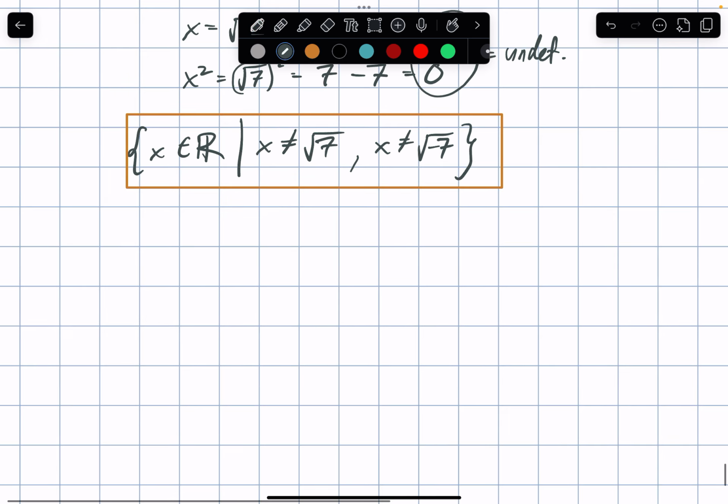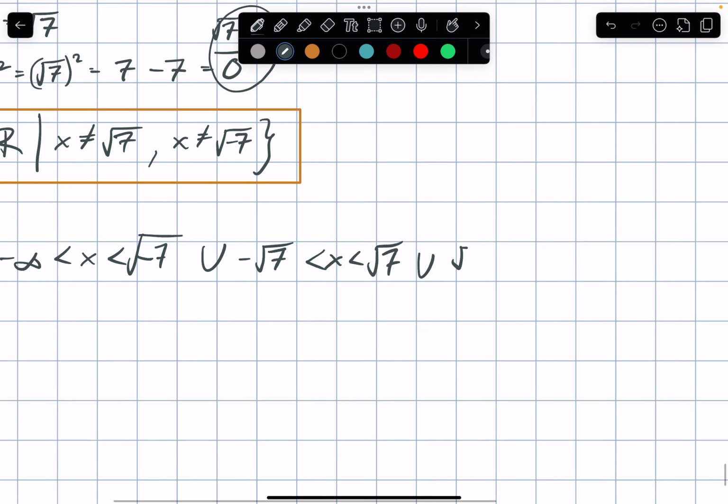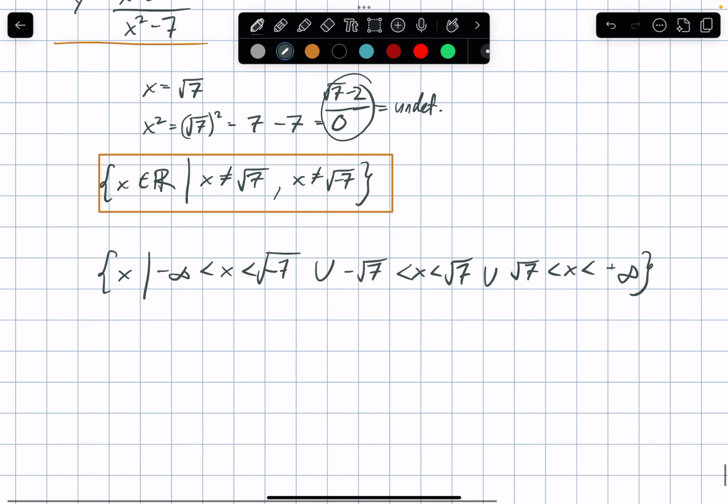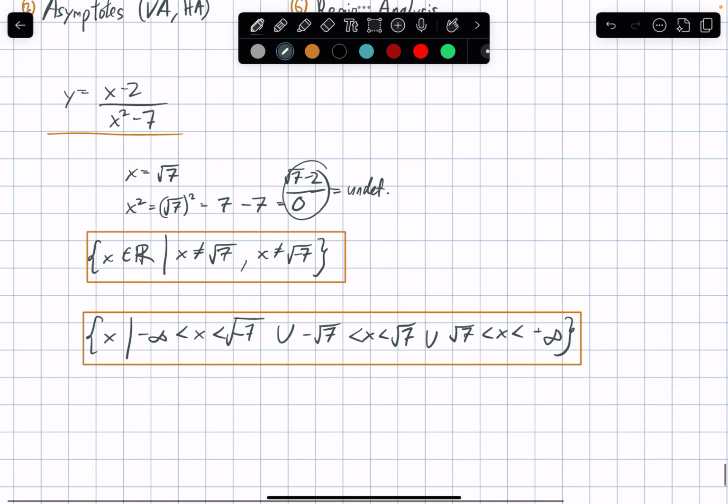Another way, the longer version, is this: negative infinity less than x less than negative square root of 7, union negative square root of 7 to square root of 7, union square root of 7 less than x less than positive infinity. It's a longer render of the domain, but I believe this will suffice. So that's it for the domain.